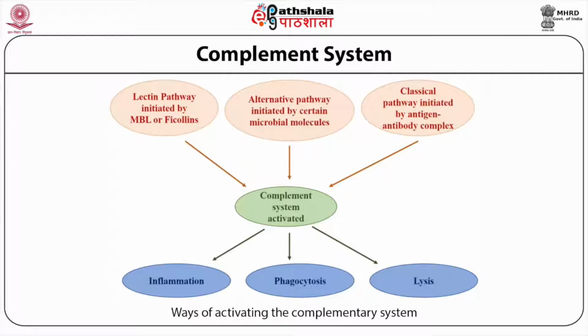On being triggered, a cascade of reactions occurs which enables protection against pathogens through inflammation, enhanced phagocytosis, and lysis of pathogenic cells. The triggering can occur through three different pathways as shown. The complement system and these different pathways will be discussed in more detail later on.